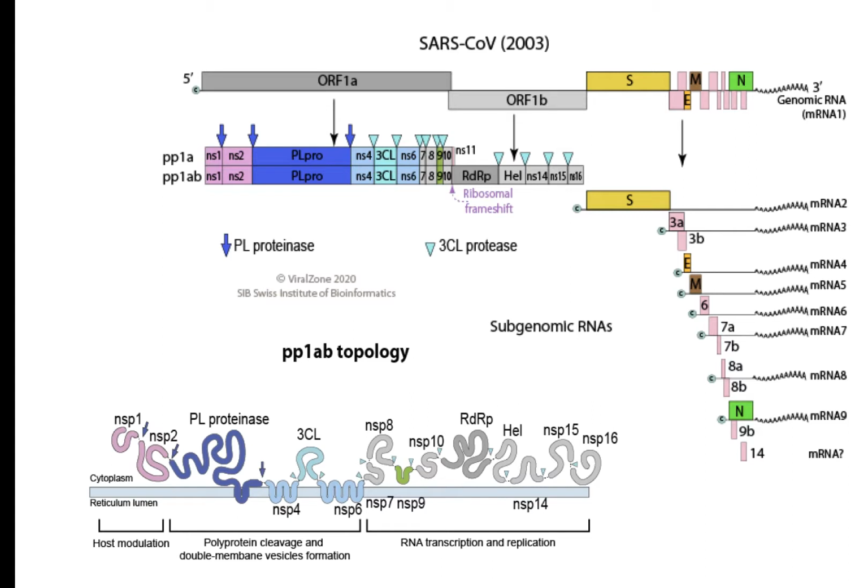Polyproteins are common in many of the RNA viruses. A polyprotein is one long protein. Often it includes a proteinase, and the proteinase acts to clip up the protein into its various forms.